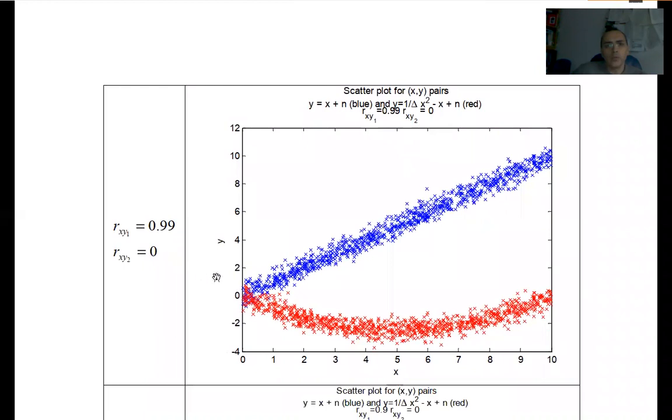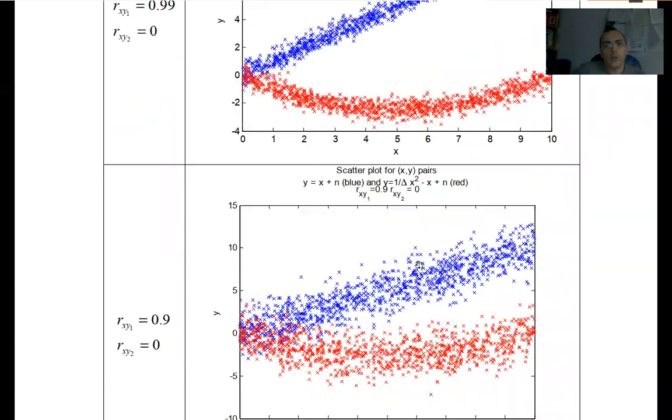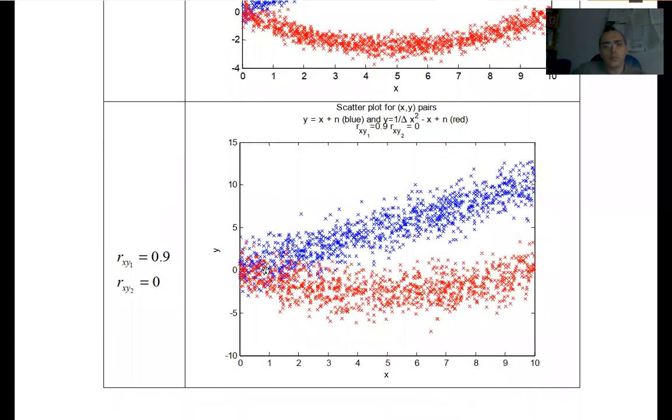So as you see, this red part has a covariance or correlation coefficient equal to 0, even though it seems to be very well predictable with a nonlinear predictor, isn't it? Satisfying this quadratic kind of relation. We see the same spread, but since this is a quadratic case, it seems to be uncorrelated. So this is a surprising result.